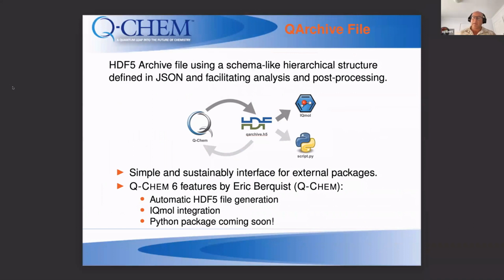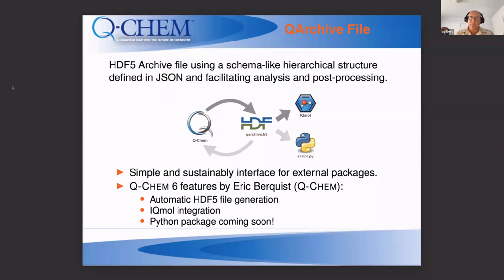Okay, the next feature I'd like to draw your attention to is a shift towards interoperability. So this is some work done by Eric Berquist, who's another staff scientist at Q-Chem. And QChem 6 can produce an HDF5 formatted archive file.